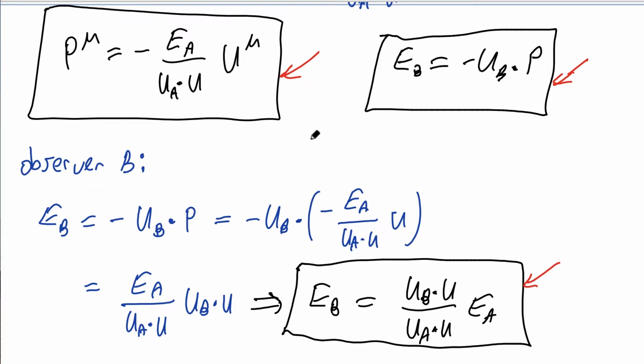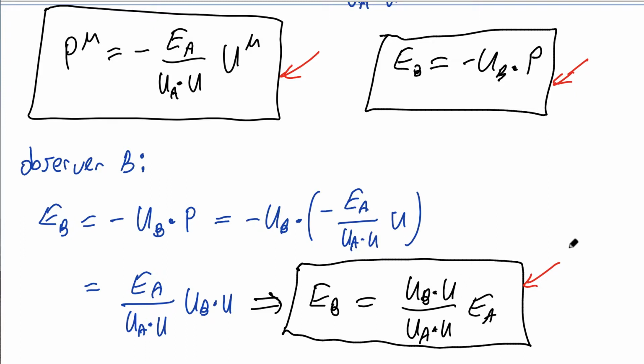And of course, if we specialize to the case where the observer A is co-moving with the particle, then the denominator here is just minus 1, and E_A is just the rest mass m. So this is P equals m times U. And in this expression, if U_A is co-moving, the denominator is minus 1, E_A is m. So this is E_B equals minus m times U_B dot U.